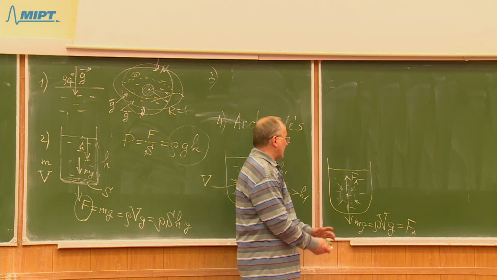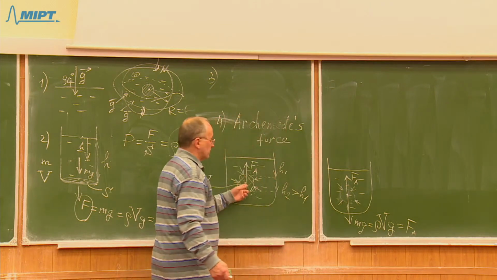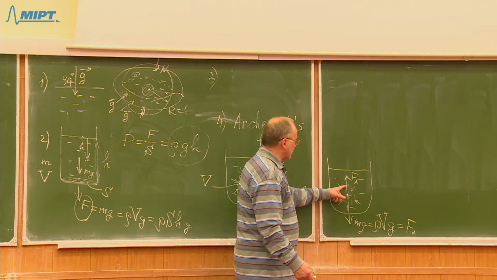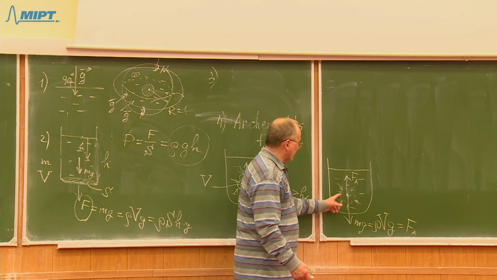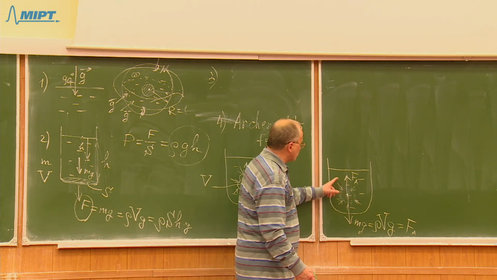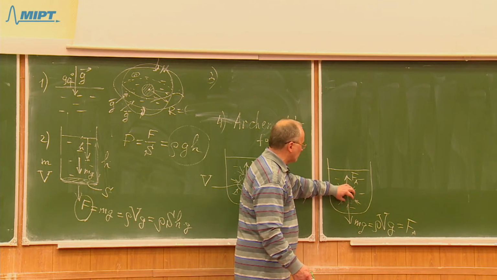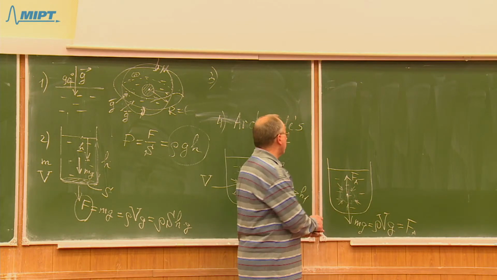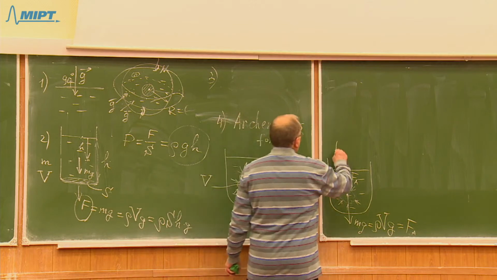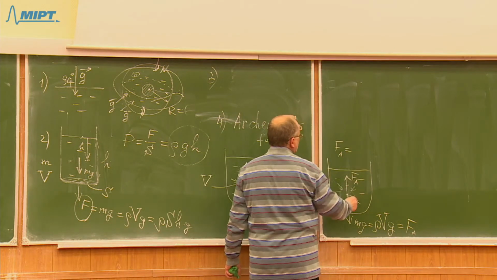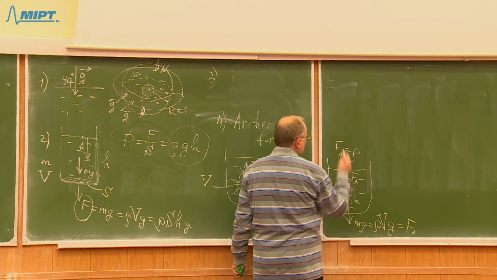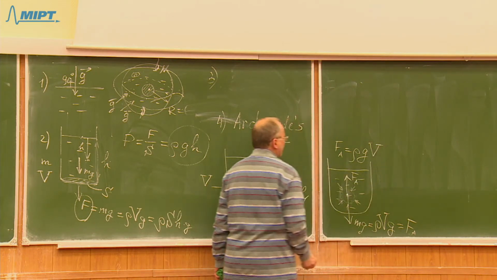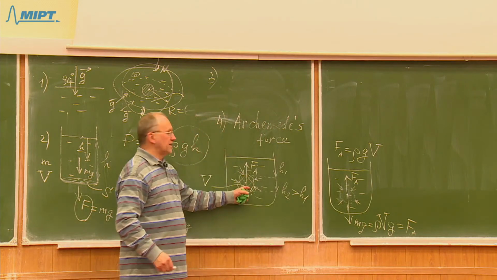But if now we immerse our object in the same place where we considered before, then the same forces of pressure will act on our object, and the same Archimedes force will act on the object. So the Archimedes force in the general case is the density of the liquid, times the acceleration of free fall, times the volume of the object which is immersed in the liquid.